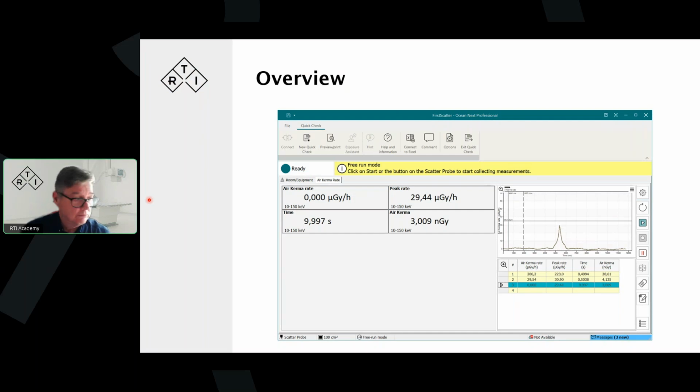And that's the only thing. If you start the measurement with free run mode, the measurement time is starting. So it's not the exposure time that we're seeing; it's the measurement time that keeps on running.